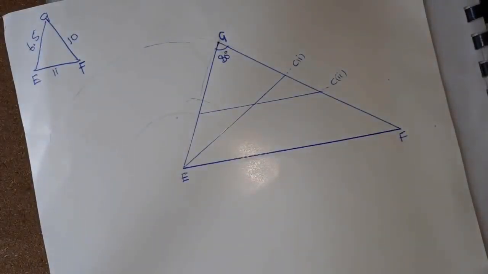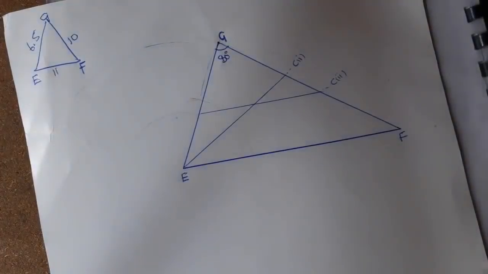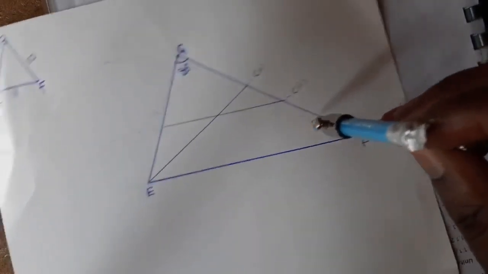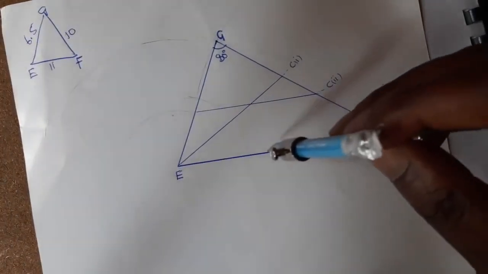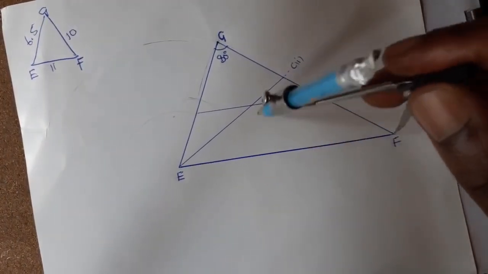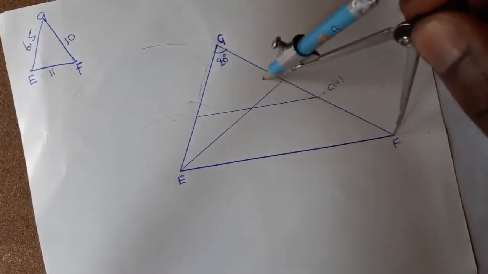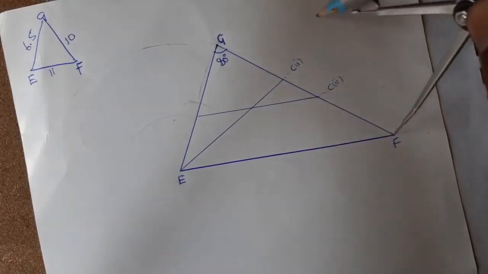Okay, so we have to bisect this line. And how do we bisect? We're talking about dividing it into 2 equal parts. So I'll draw an arc here and another arc up there.